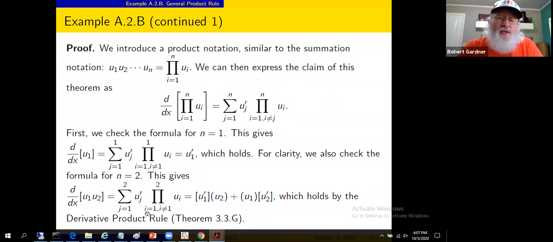Over here, we take i equals 1 to 2 except for 1, that's 2, and that'll produce a u sub 2. When j equals 2, you get a u sub 2 prime. Right. And then the product would include everything except for u sub 2, producing, in this case, only a u sub 1. And that's the product rule. So this is the product rule that you'd have from regular old Chapter 3, properties of differentiation.